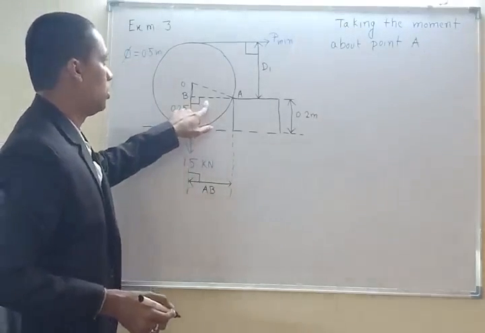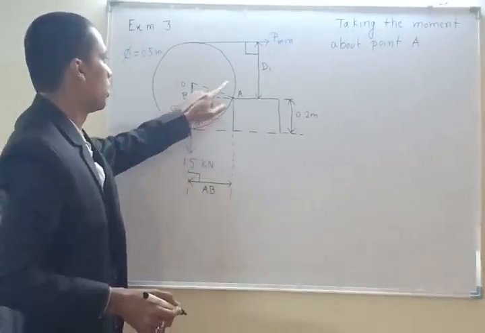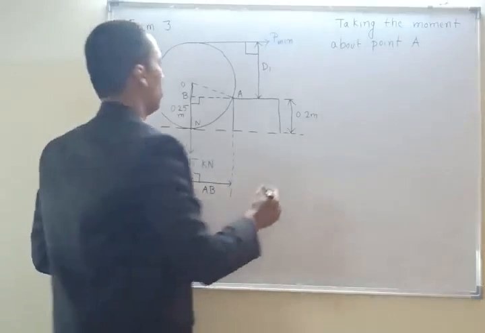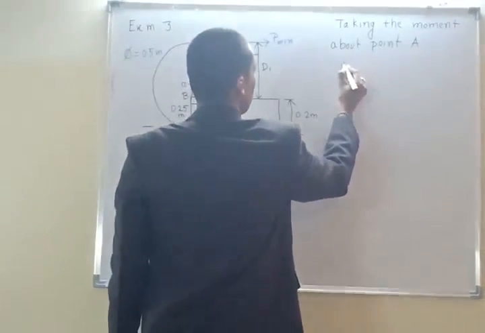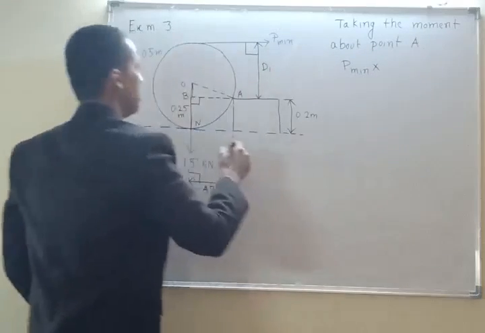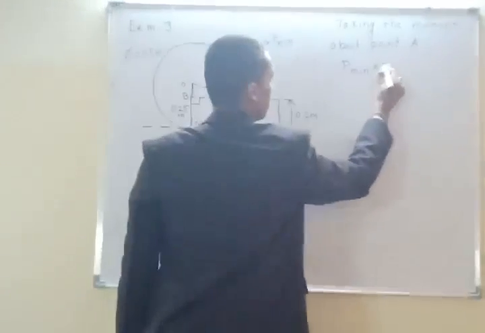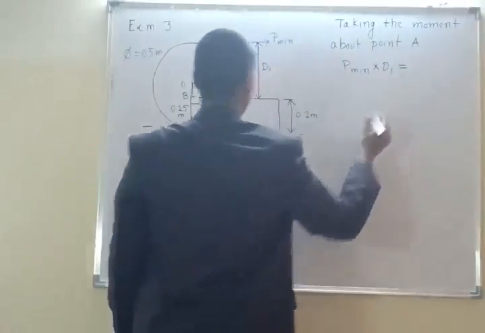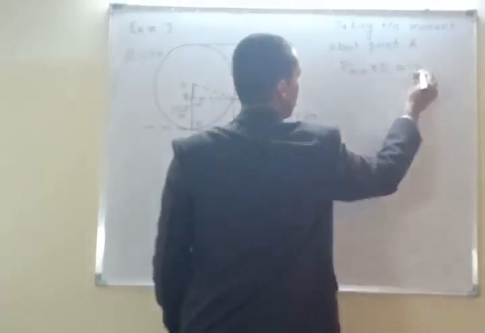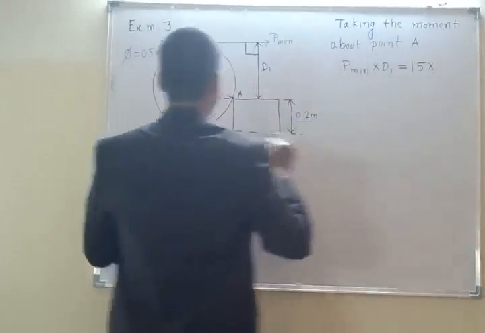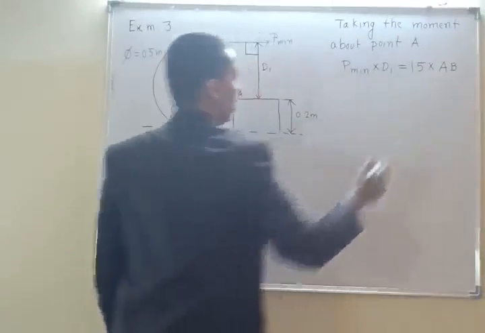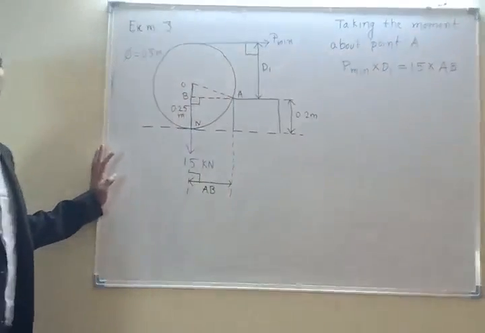So first of all we need to find what is D1 and what is AB. So we can write P minimum into the moment D1 is equal to 1.5 into the distance AB. How? Because we have equated the moments.